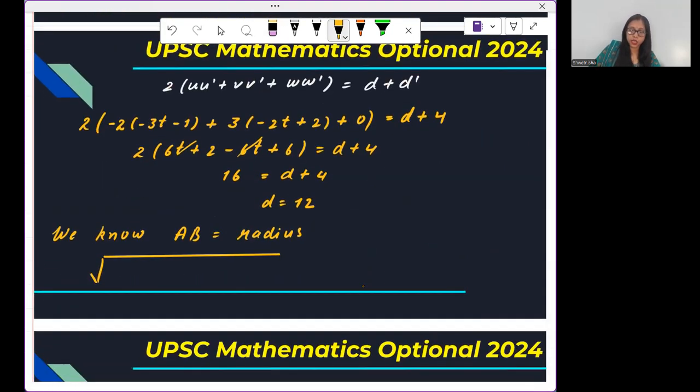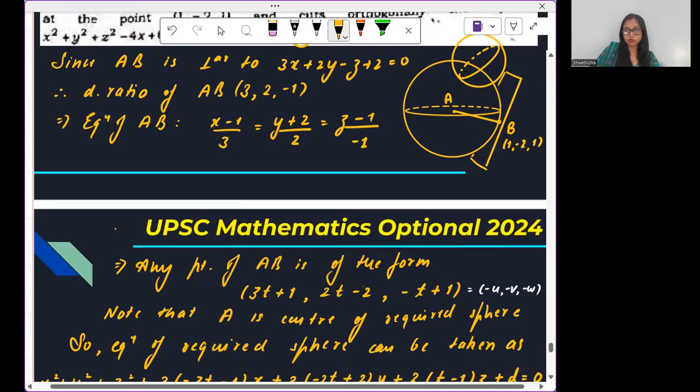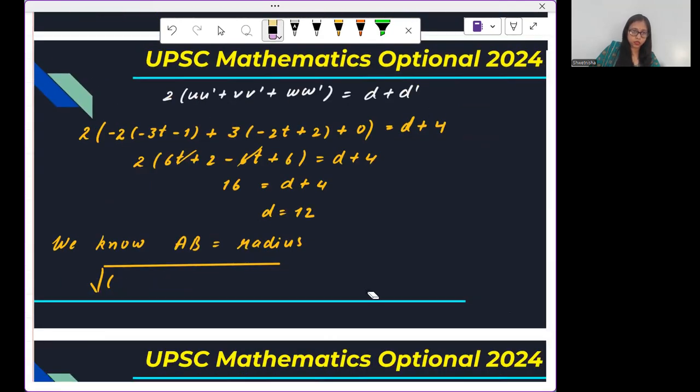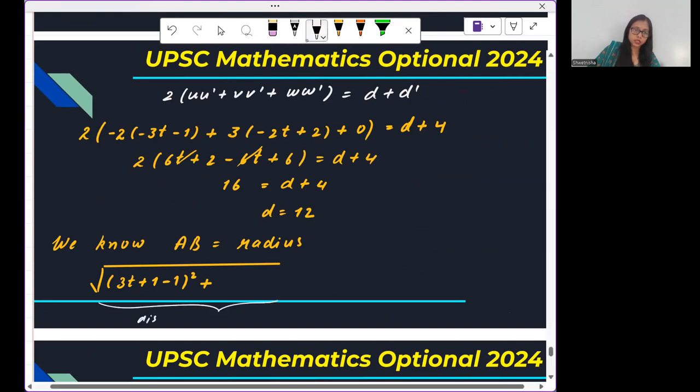So AB is the square root of 3t plus 1 minus 1 whole square. Here I am applying the distance formula.